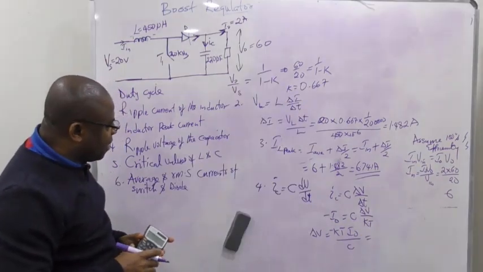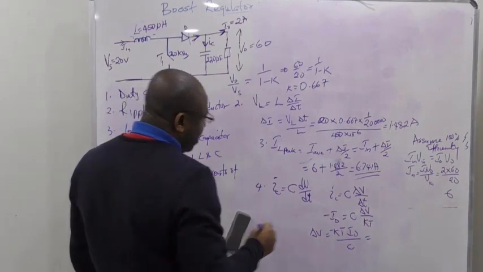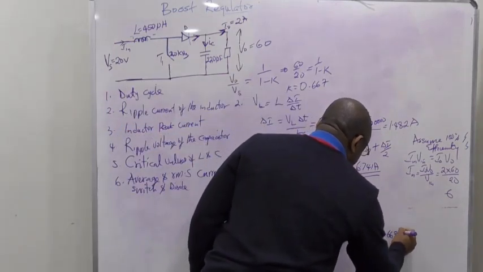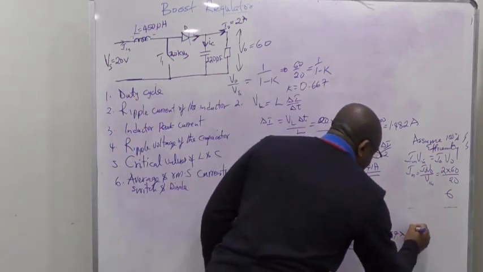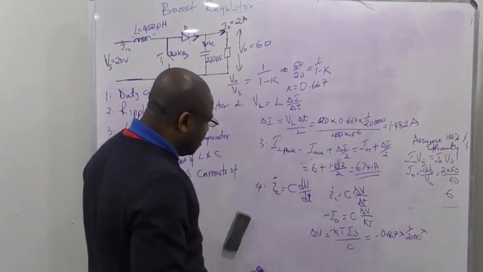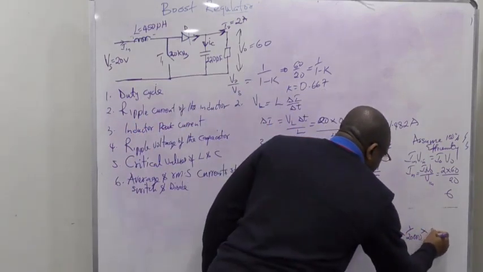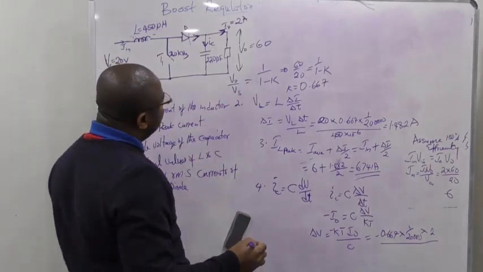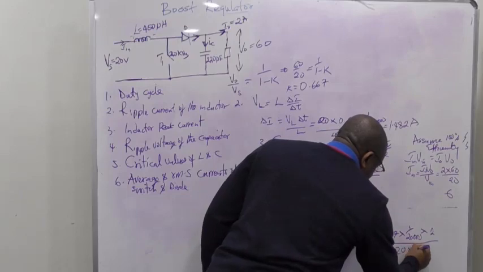So let's just put the values there. We have our K, so minus 0.667 times T. Our T is 1 over 20,000, times IO. Our IO is 2, divided by the capacitance, 220 times 10 to the power minus 6.